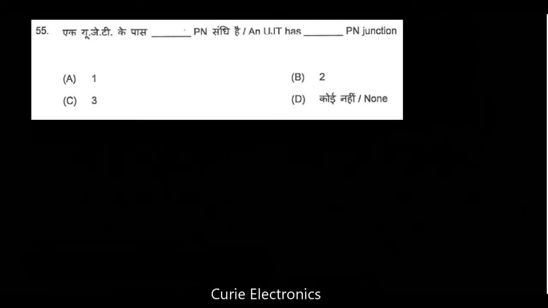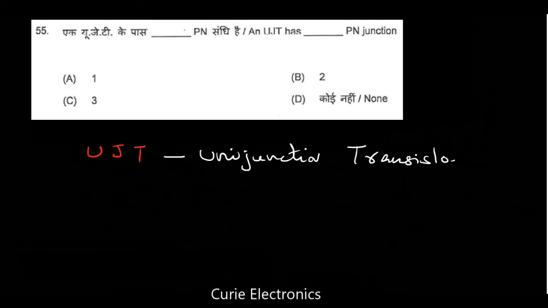Question number 55. An UJT has, UJT, that is uni-junction transistor. And the symbol is something like this.